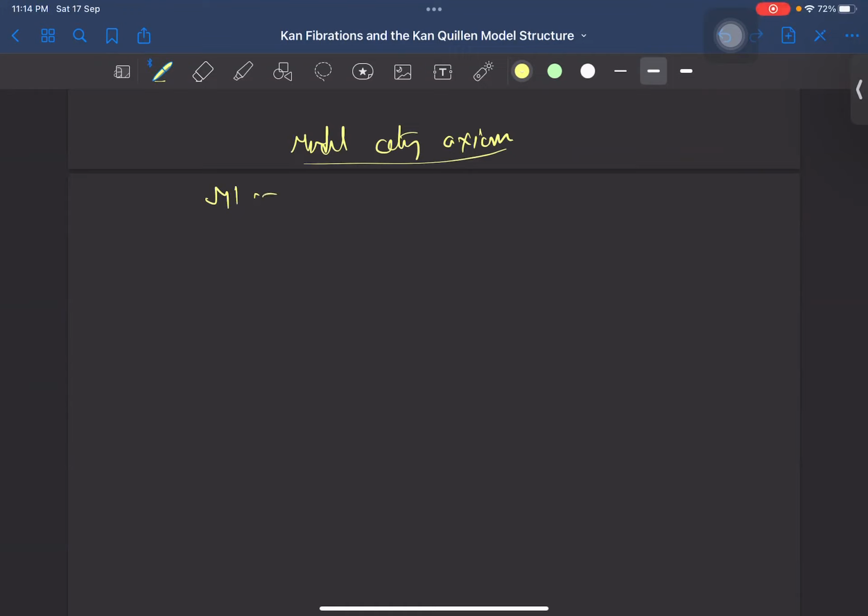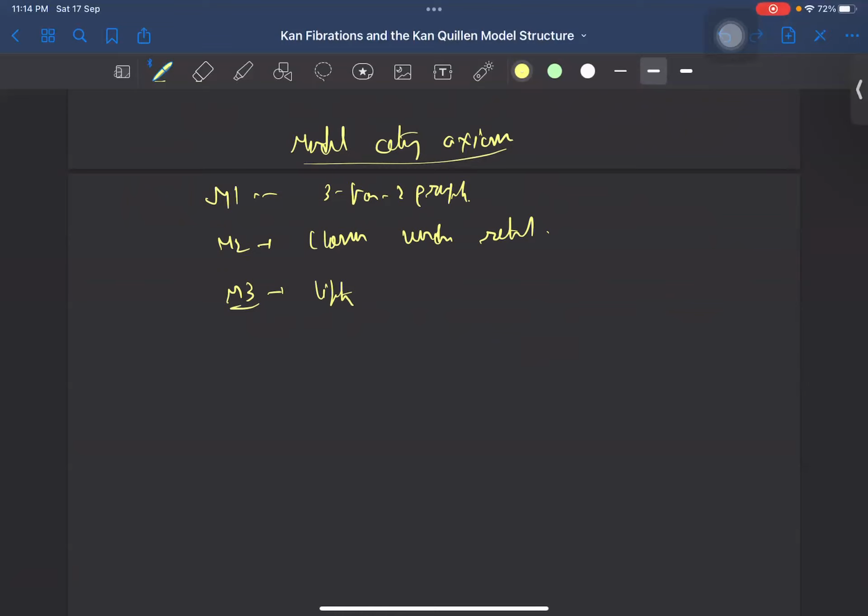So M1 is my two out of three property, which I'm not writing because it's really fine. M2 will be my closure under retracts, and M3 will be my lifting. I'm not citing it in terms of a weak factorization system.